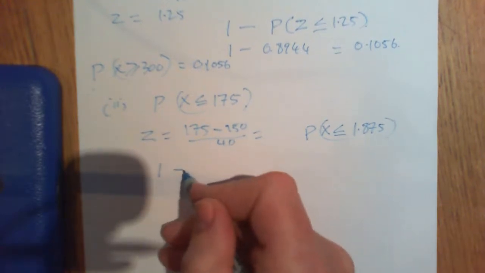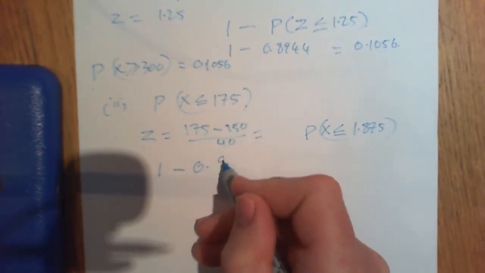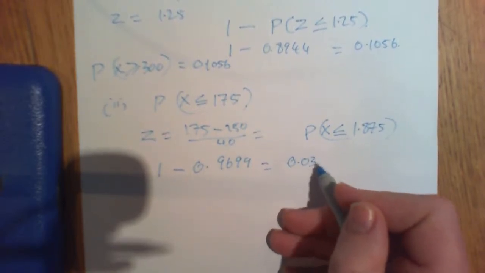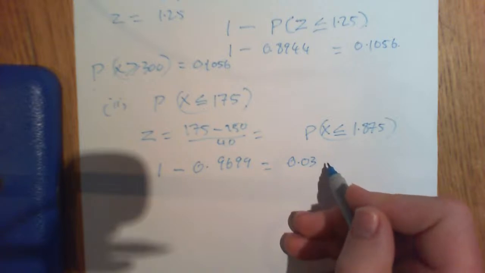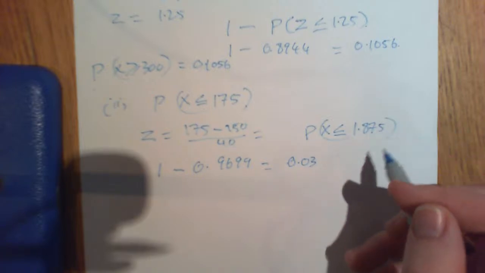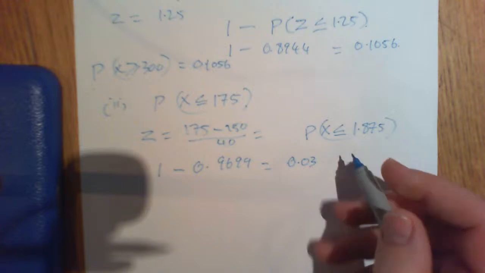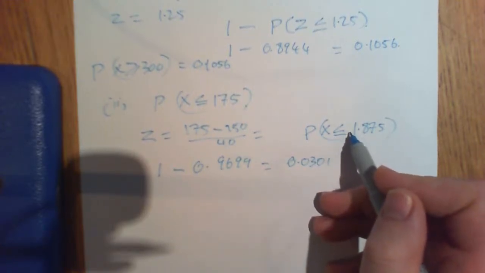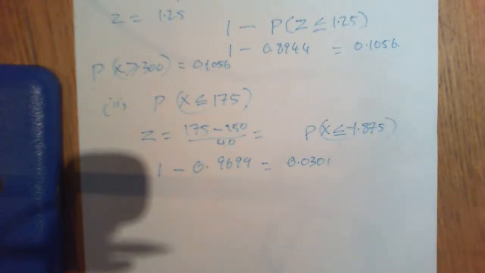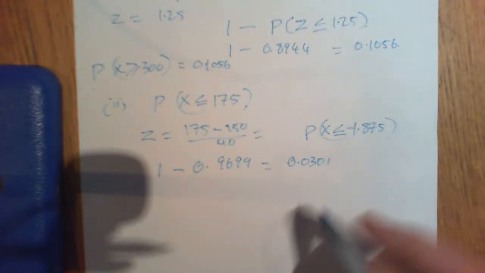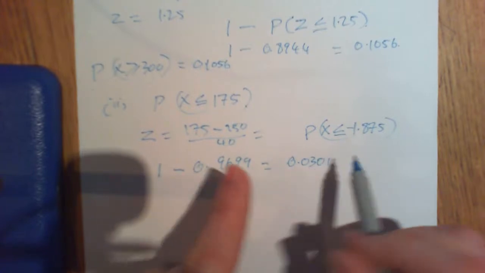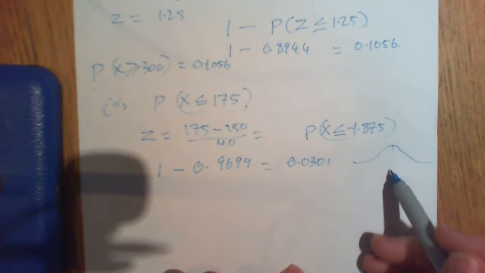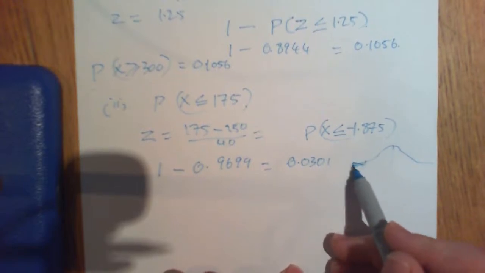So it's going to be 1 minus 0.9699, which is 0.0301, I think. Now, because that's negative, you're really looking for the probability that's less than this.